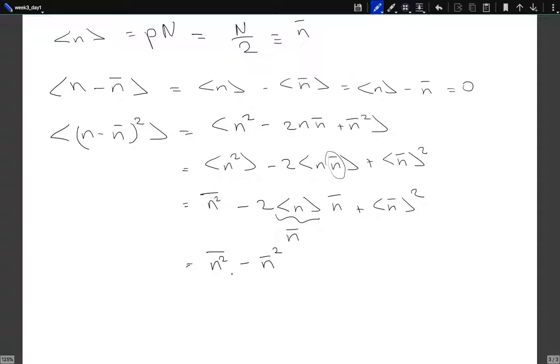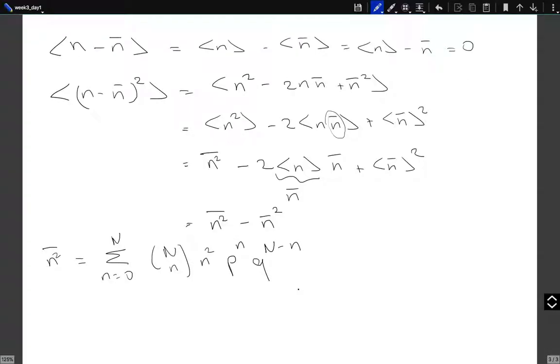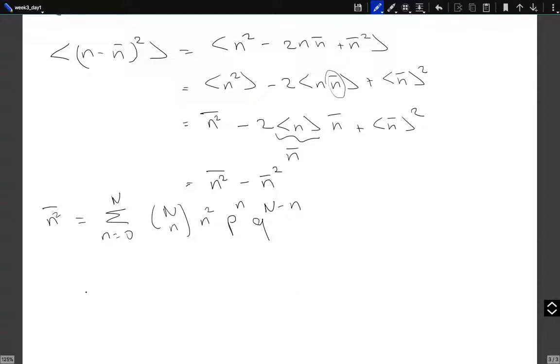Now let's calculate this n squared average. Well, I will basically use the same trick. This is the sum from small n equals 0 to capital N of n squared times p to the n times q to the power capital N minus n.